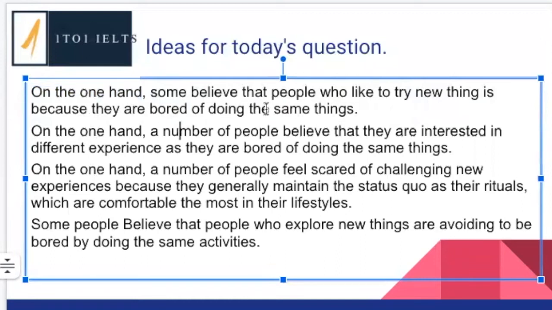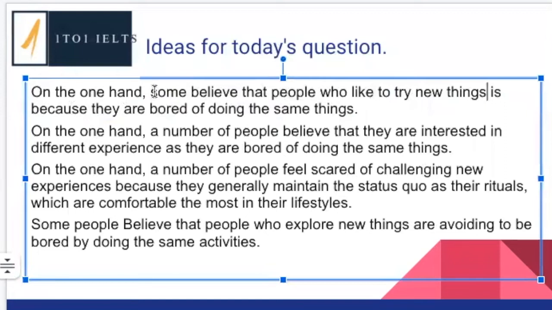On the one hand, some believe that people who like to try a new thing. So are they trying one thing or many things? Okay, some believe that people who like to try new things is because. So here, the "is" doesn't quite work as a reason.